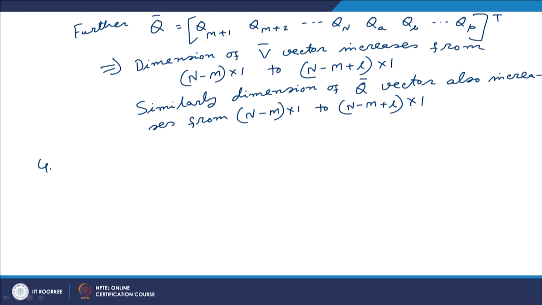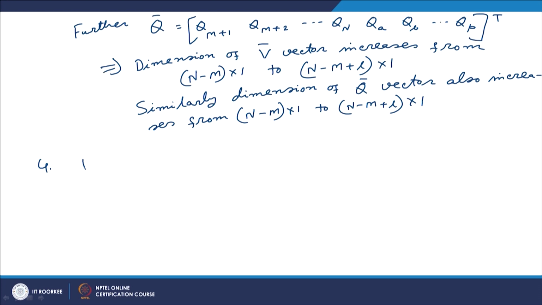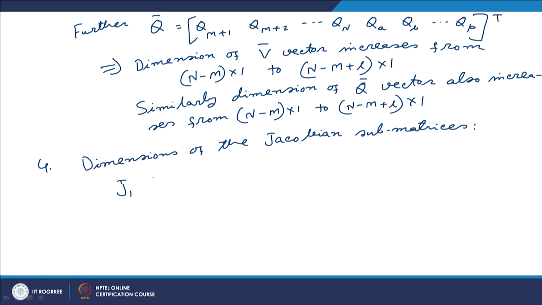Now, what are the Jacobian elements? So, what would be the dimensions of the Jacobian submatrices? J1, that is del P by del theta, would have no change.